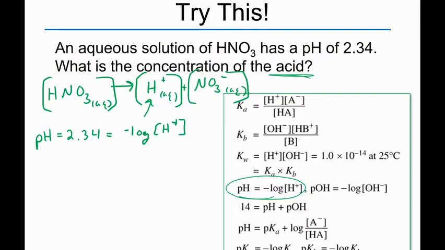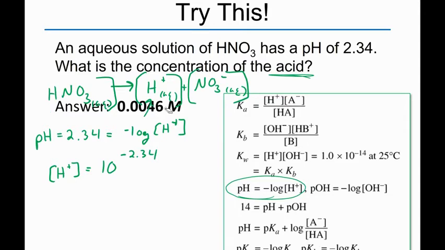Then I can solve for this. Plugging this in, I get the concentration of H plus is equal to 10 to the negative 2.34. And when you plug that into your calculator, you end up getting, I love this answer right here, 0.0046 molar.